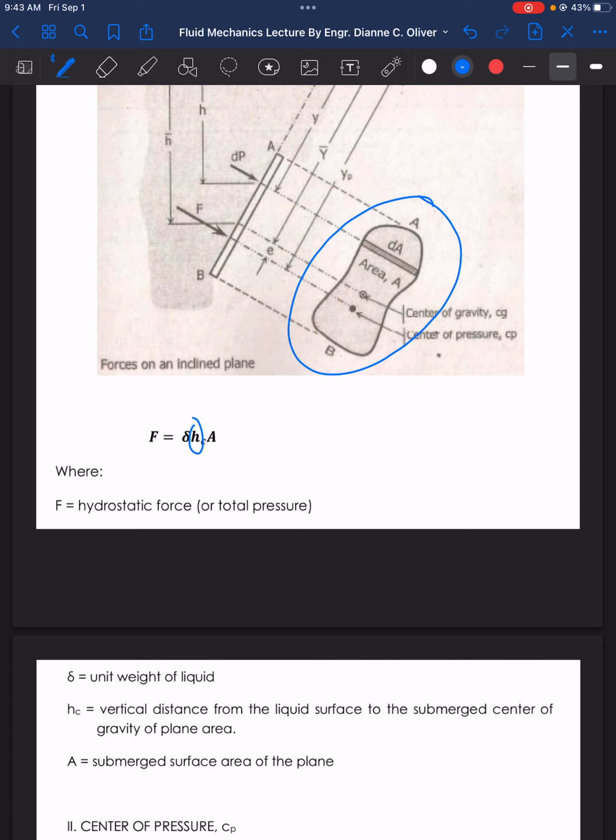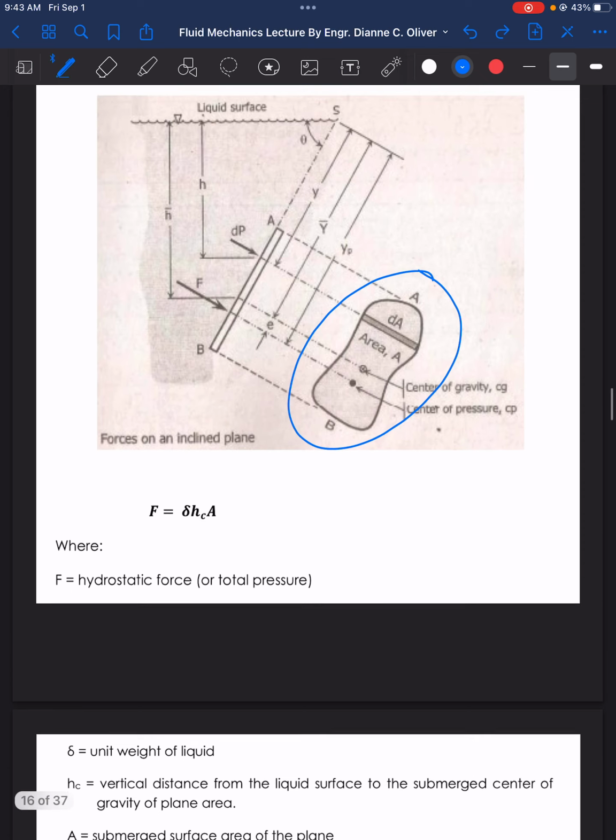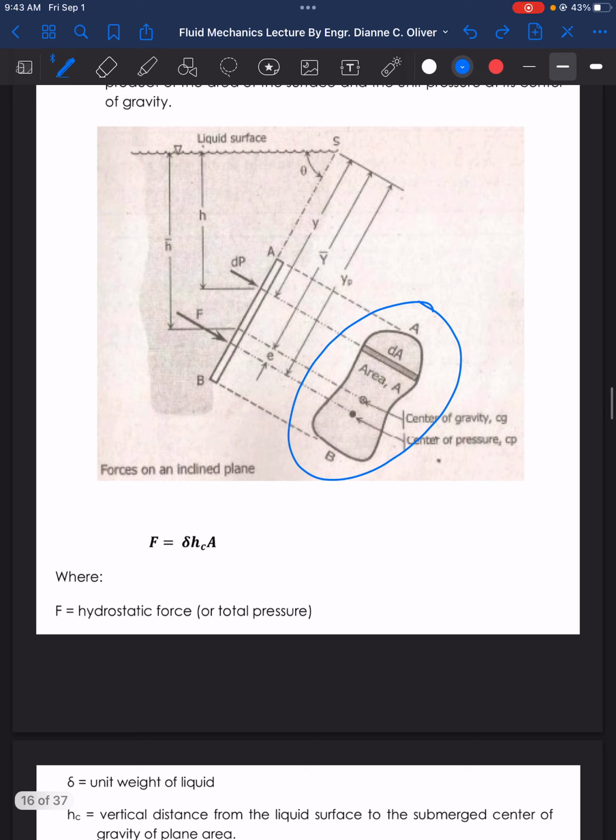So it mentions there center of gravity. Therefore, we are focused on this portion here, that is the center of gravity, HC. In this figure it is H bar, but in the formula we will use HC.